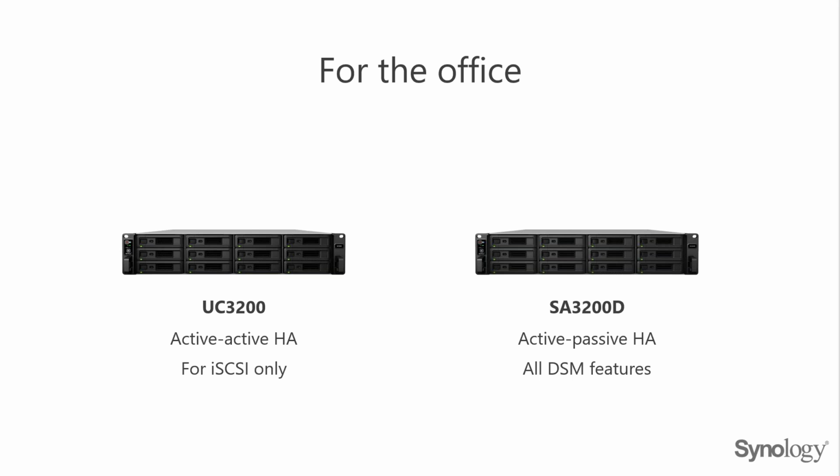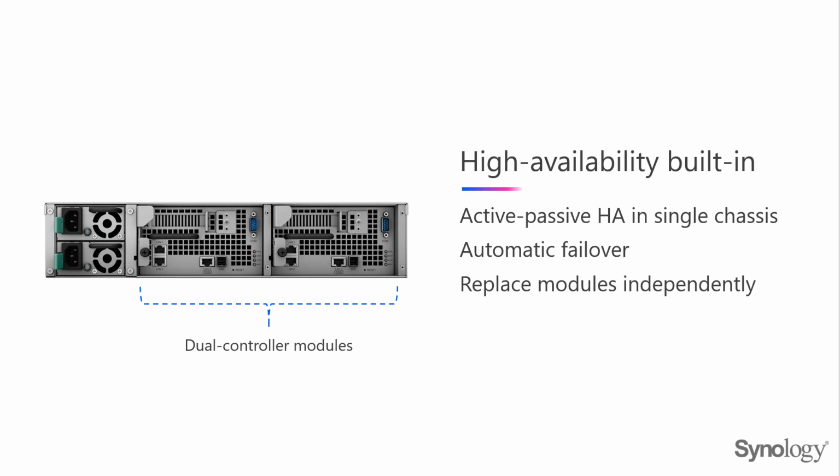It has very high IOPS ratings because it has that active capability, so especially if you throw some SSDs in it, it'll do very well performance-wise. The SA3200D, on the other hand, is a more general use NAS. It has our usual active passive high availability setup, but it gives you access to all the DSM features, so it's able to do everything I showed you throughout the rest of the demo today.